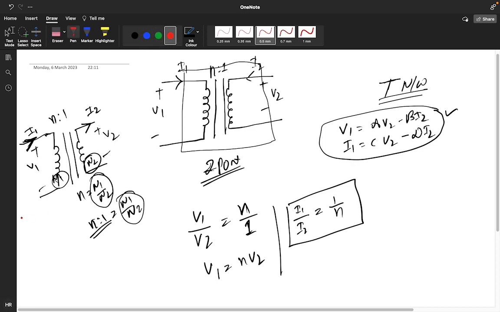So here the basic relation is V1 upon V2 equals N by 1, meaning V1 by V2 is nothing but N1 by N2.